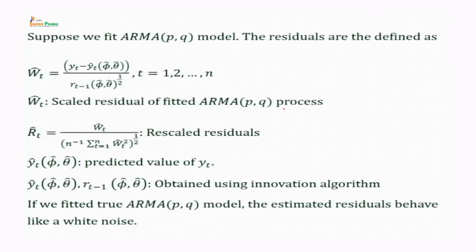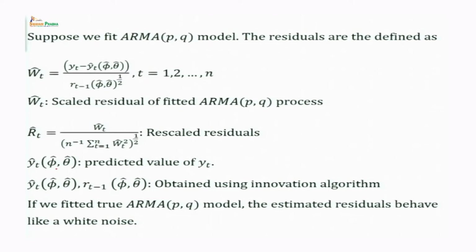Sometimes we also use rescaled residuals, which are denoted by R hat t, and in R hat t we divide W hat t by the square root of 1 upon n summation t equal to 1 to n W hat t square. So, if the mean of these residuals W hat t is 0, then this gives you the standard deviation of the residuals.